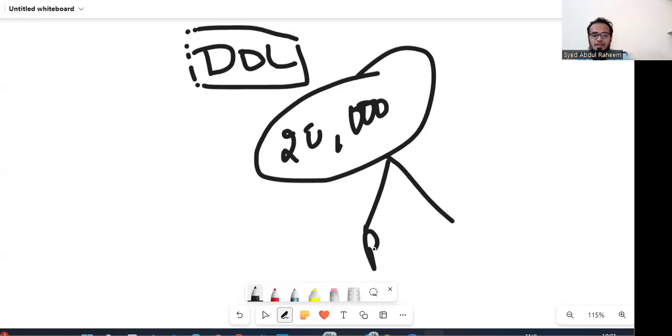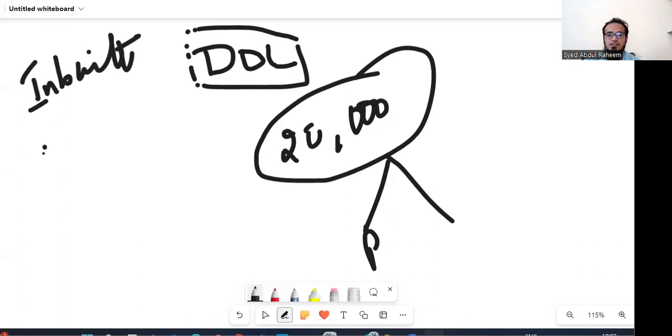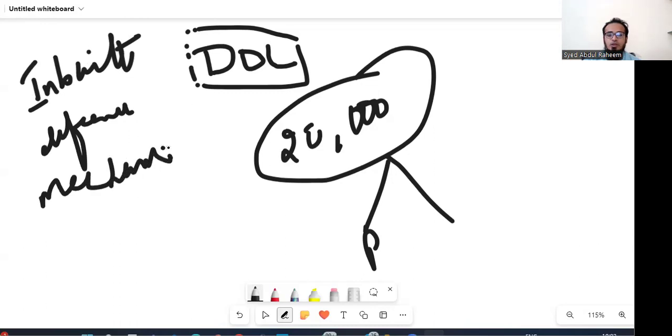It needs a defense mechanism. So the respiratory system has an inbuilt defense mechanism. What does it have? An inbuilt defense mechanism to protect from toxic particles.